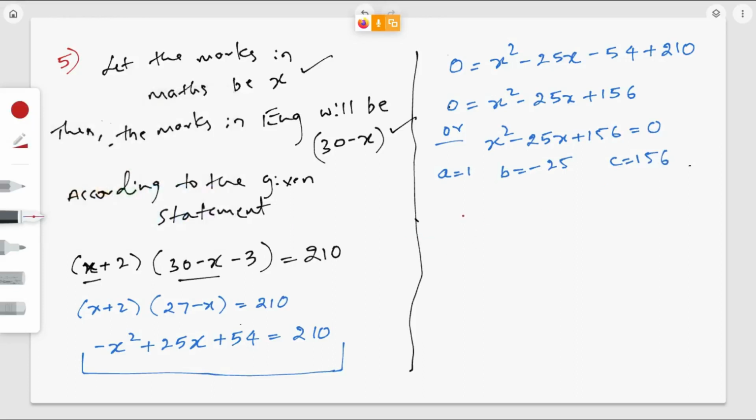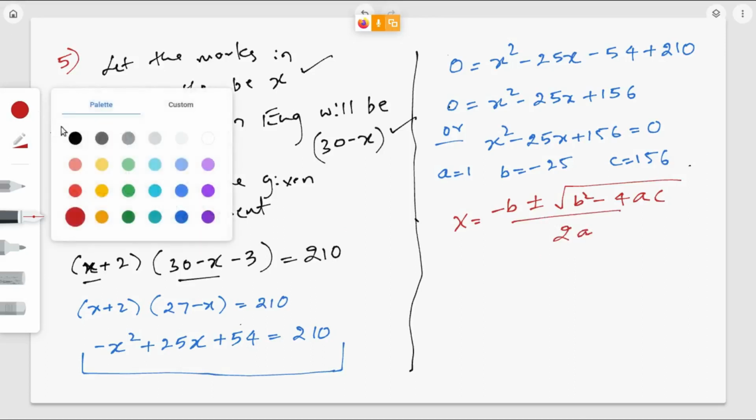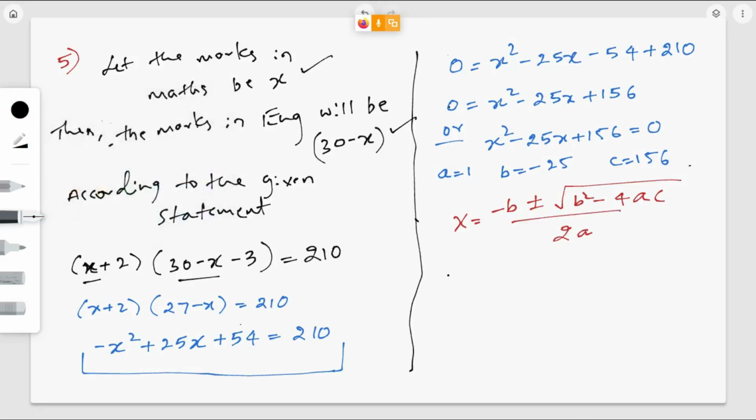So x is equal to minus b plus or minus root of b square minus 4ac divided by 2a. Now substitute the values. x will be minus of minus 25 plus or minus root of minus 25 whole square minus 4 into 1 into 156, divided by 2a.